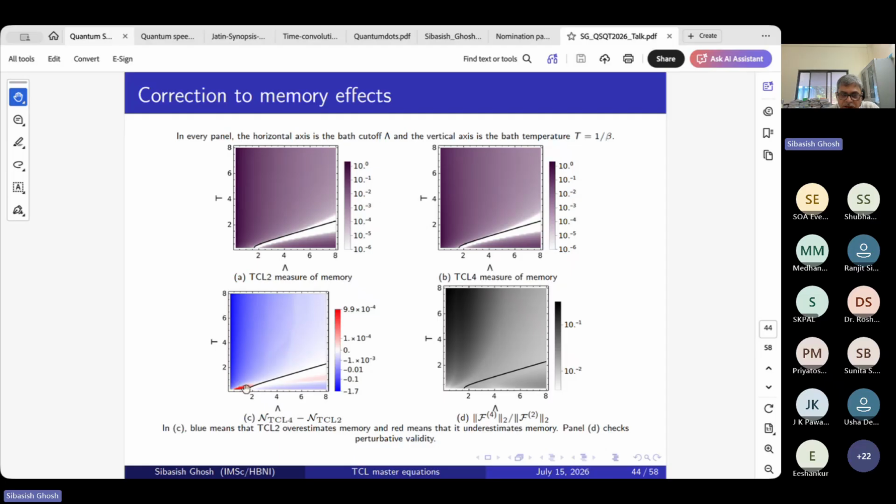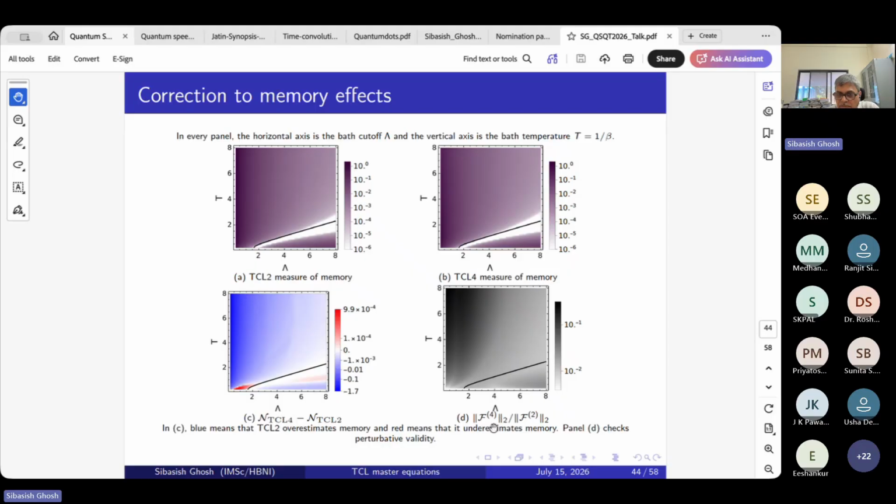On the other hand, in this red region this is positive, so TCL4 is more non-Markovian than TCL2. Basically, in some regions of the parameter space TCL2 overshoots the TCL4 dynamics, and in some regions it undershoots it.